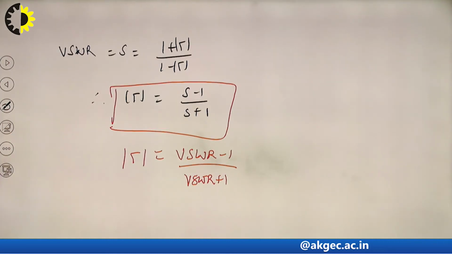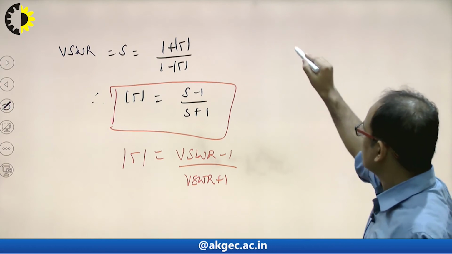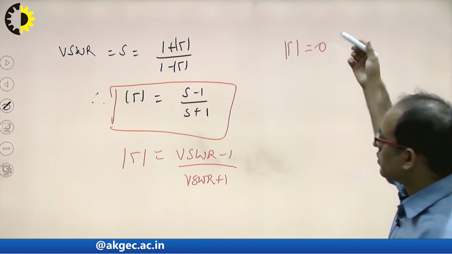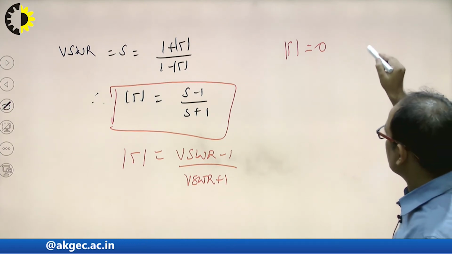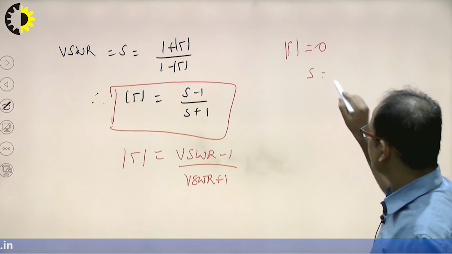Now see this one. For case 1, when reflection coefficient equals 0, means there will be no reflection. When there is no reflection, S will be equal to what?